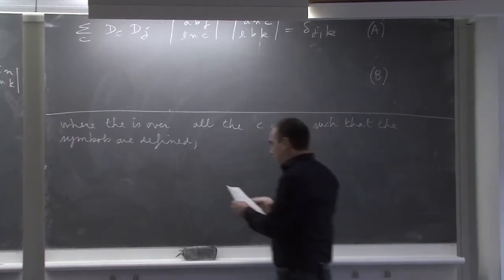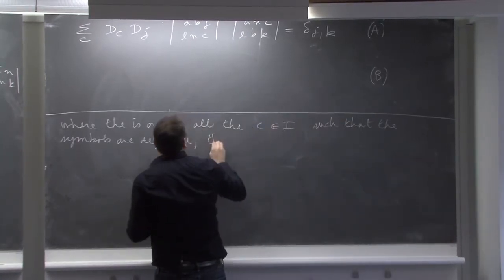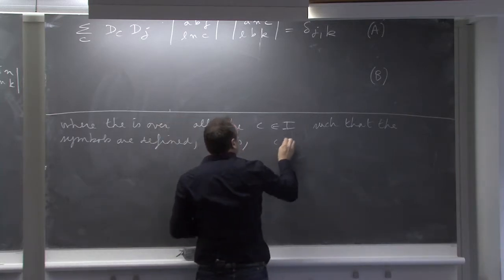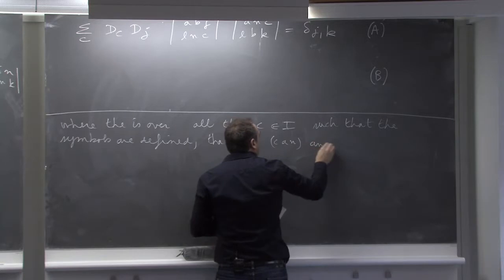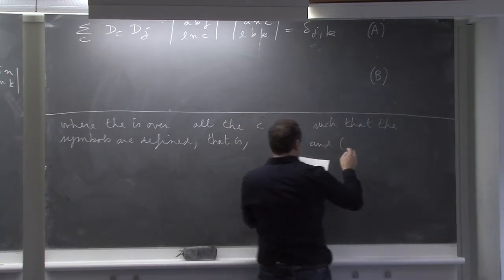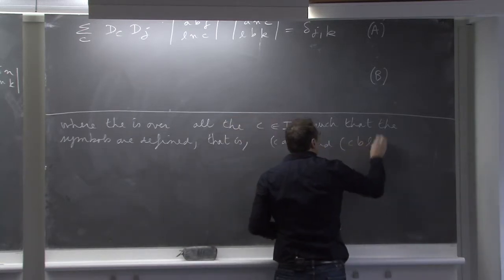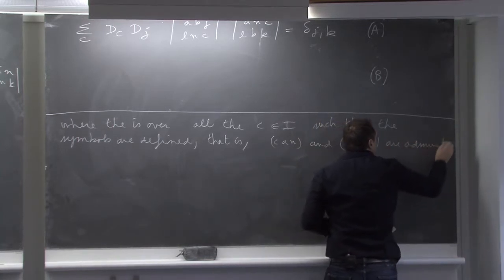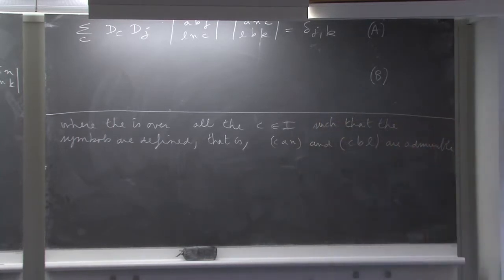This means that the triples C, A, N and C, B, L are admissible. So this is the second condition on the data.